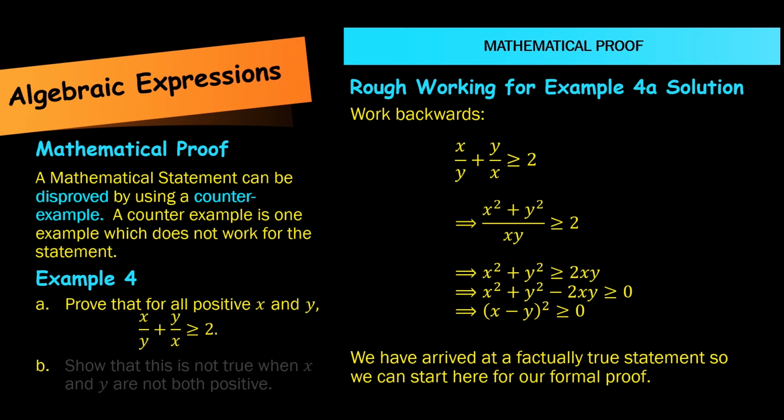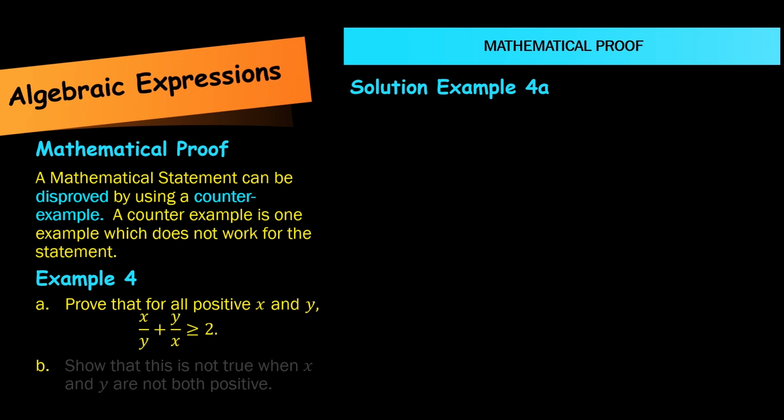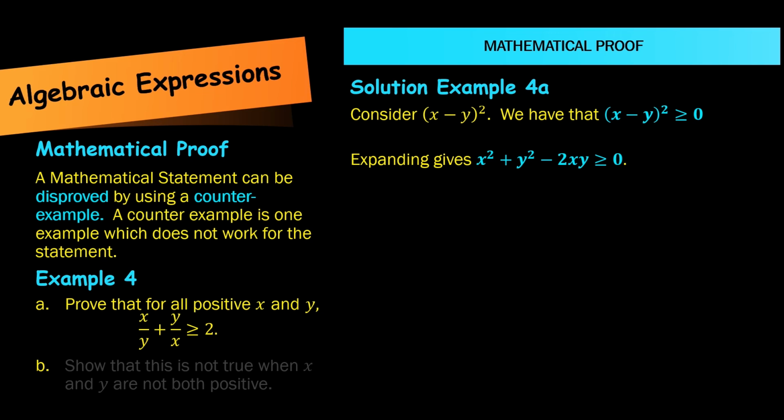So let's have a look at how we can present this formally. Let's consider (x minus y) all squared. We know that (x minus y) all squared is greater than or equal to 0. So if we expand, we obtain x squared plus y squared minus 2xy is greater than or equal to 0. And then rearrange, put x squared plus y squared on one side and 2xy on the other.